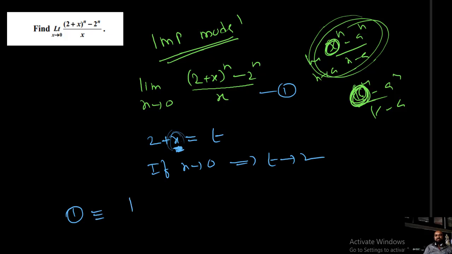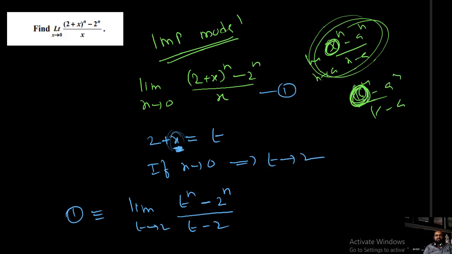It becomes limit of t power n minus 2 power n by, instead of x, t minus 2, where t is tending to 2. See, now this is direct in this form.